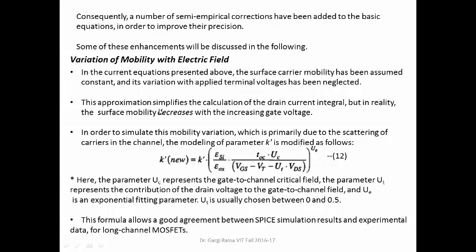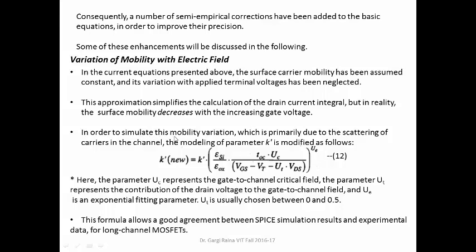So the approximation simplifies the calculation of the drain current integral, but actually the surface mobility decreases with increasing gate voltage. Okay, the surface mobility will decrease with increasing gate voltage.